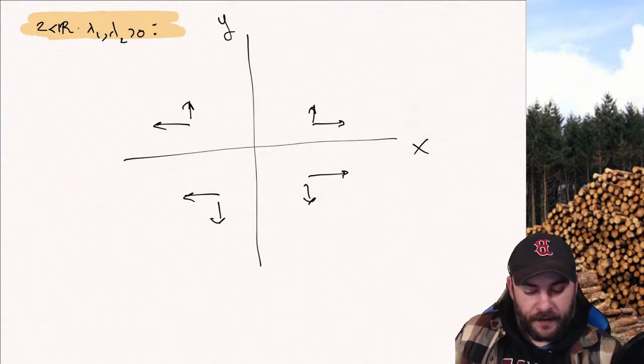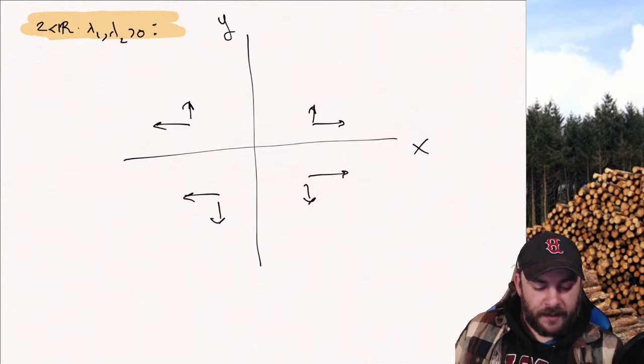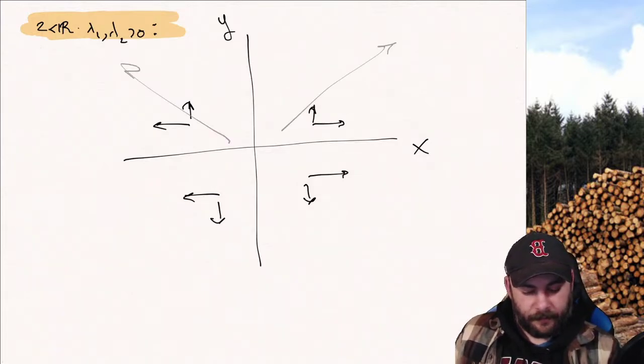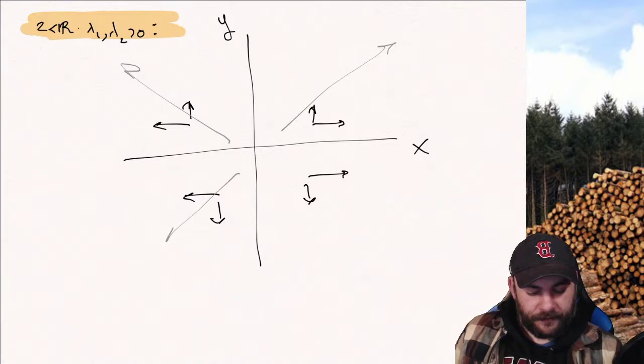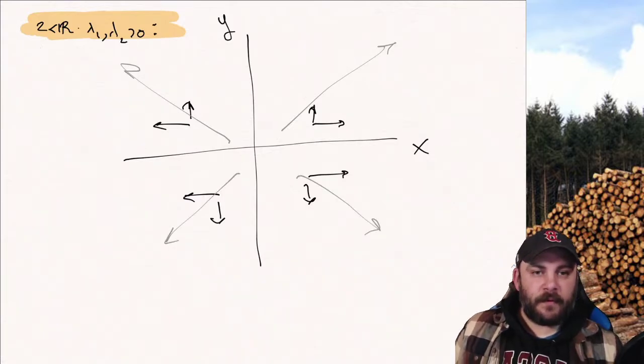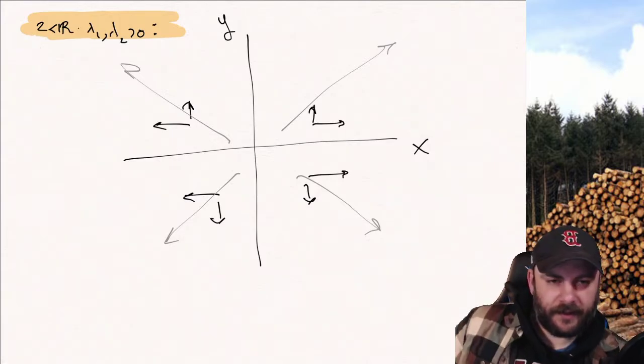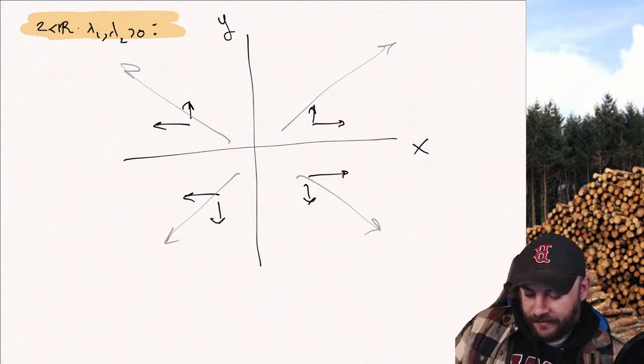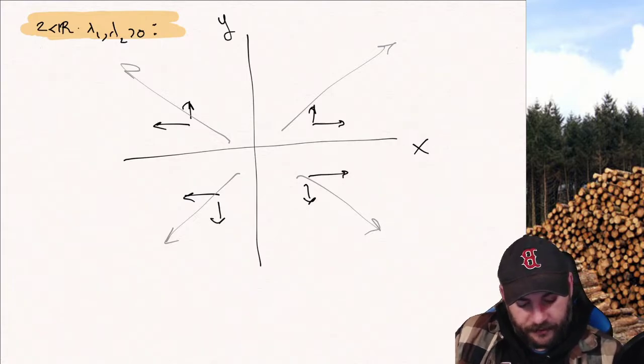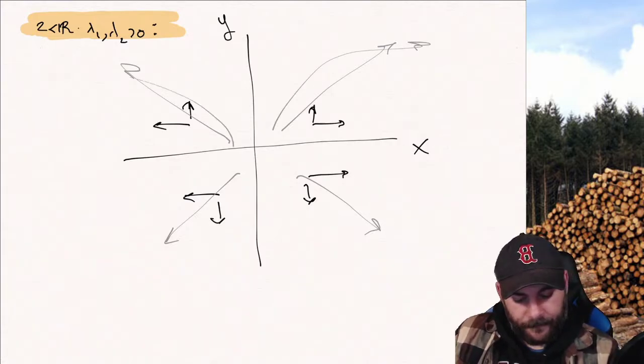So what we know is I'm moving to the right and up, to the left and up, to the left and down, and to the right and down. But we don't really know how. I draw it in gray because we're thinking about it. I want to know basically what is the general shape, because it could go like this. That's fine.